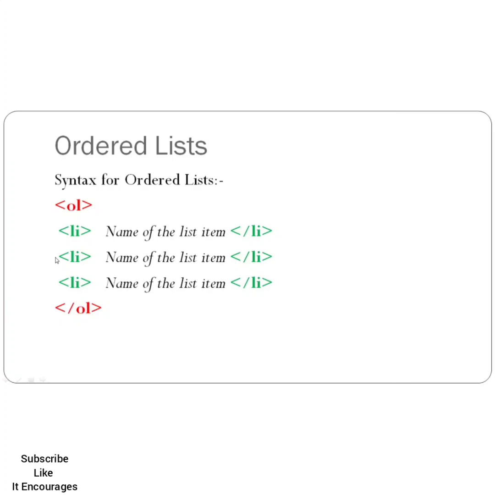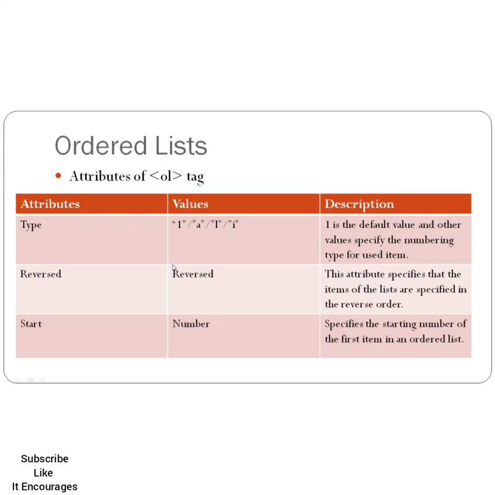And each list item has to be displayed within the LI. LI stands for list item. So within the opening and closing of the LI tag, every list item has to be written. So this is the syntax for it.